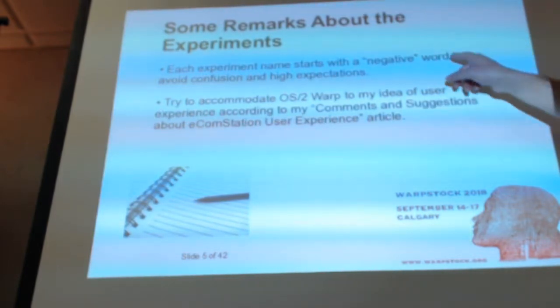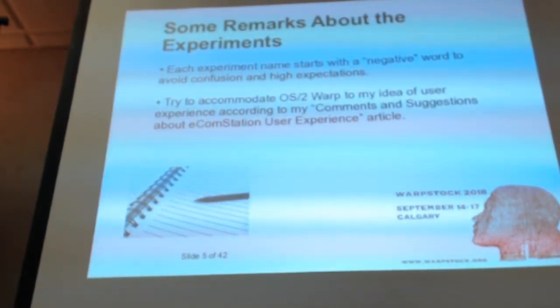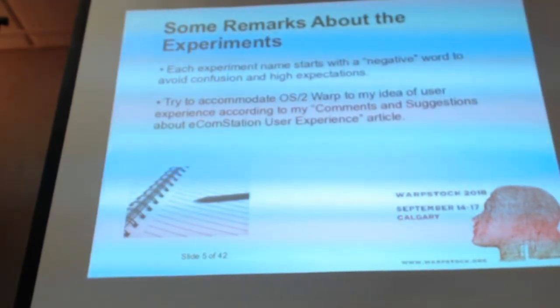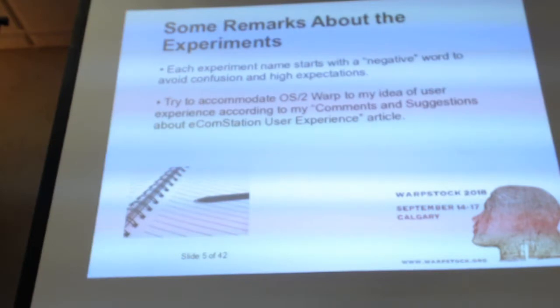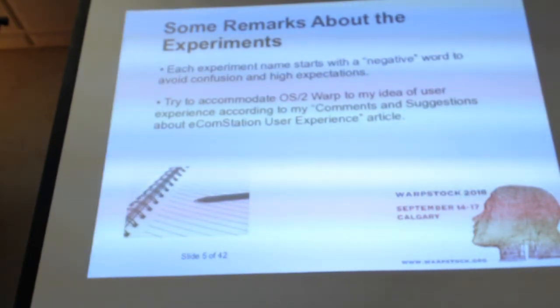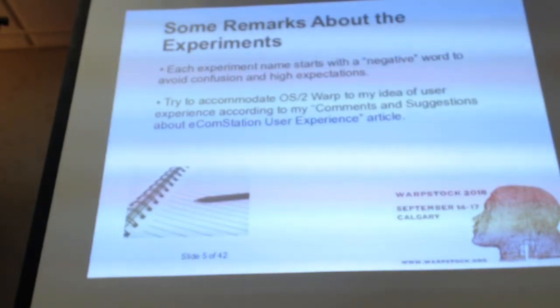And what I did is that each experiment name starts with a negative word to avoid confusion and high expectations. So I put a negative word on every experiment so people don't expect too much, or try to do that at home. Don't try to do this at home.